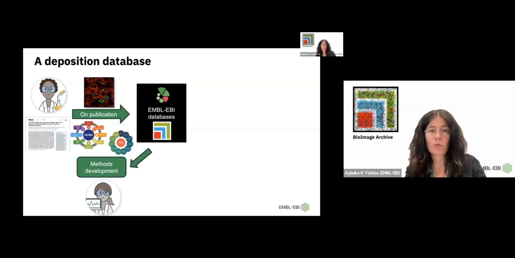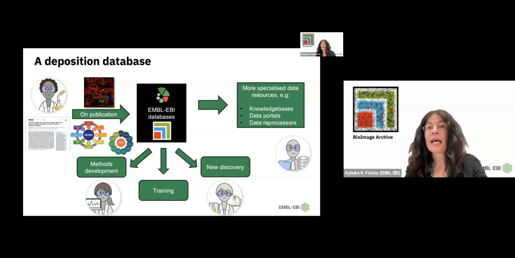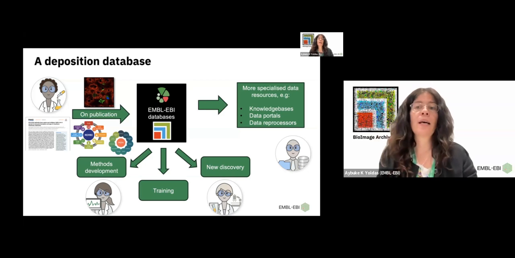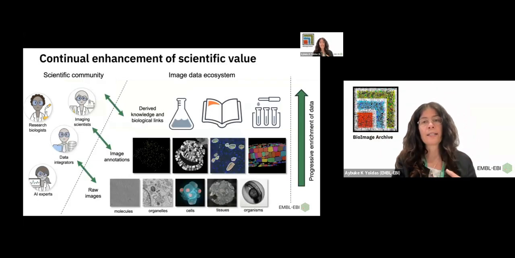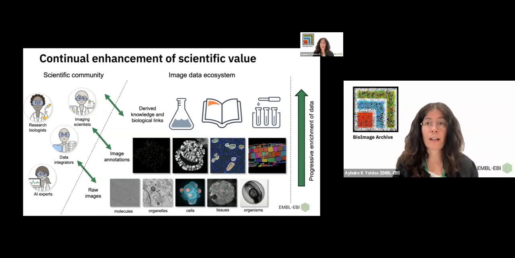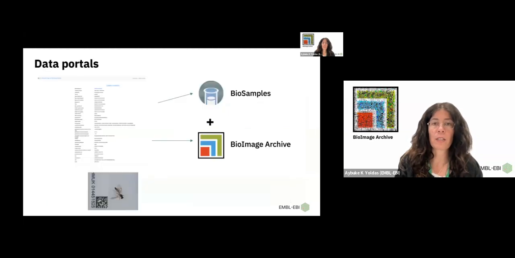As I said, it can be used for methods development, training, or new discoveries, as well as by more specialized resources, such as data portals, like Gina has mentioned. And adding these will basically enrich the scientific value of the data sets and enrich the image data ecosystem.